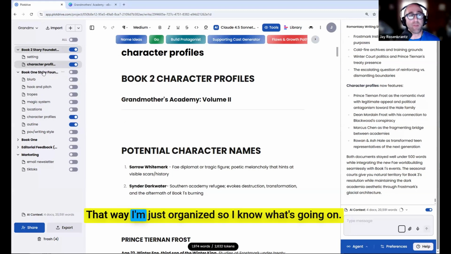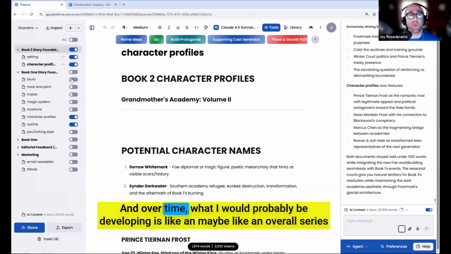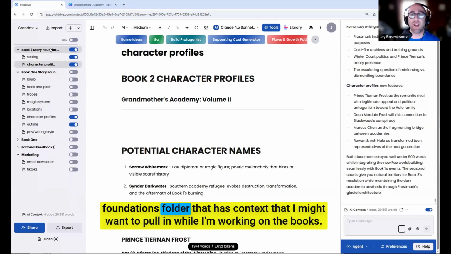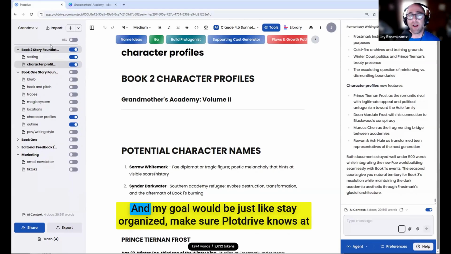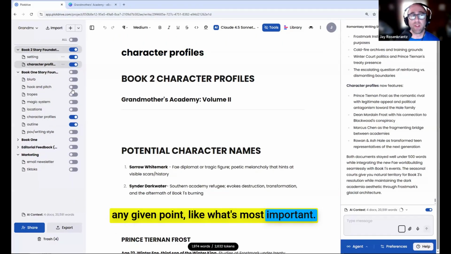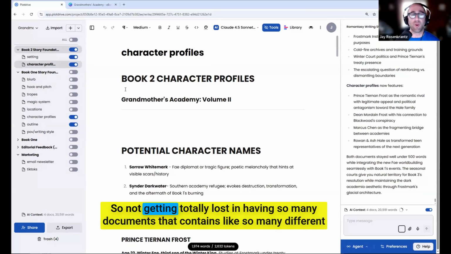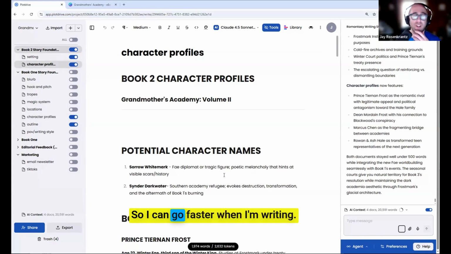That way I'm organized so I know what's going on. Over time, I'd probably develop an overall series foundations folder that has context I might want to pull in while working on the books. My goal would be to stay organized and make sure Plotdrive knows at any given point what's most important, so I'm not getting lost with so many documents containing so many different things. It's more manageable, so I can go faster when I'm writing.